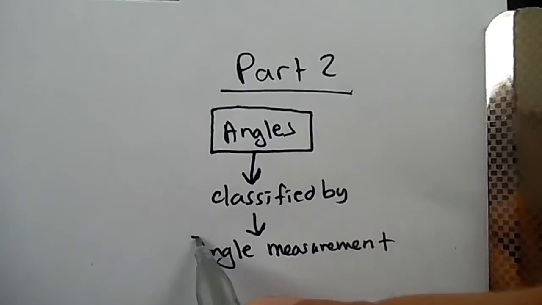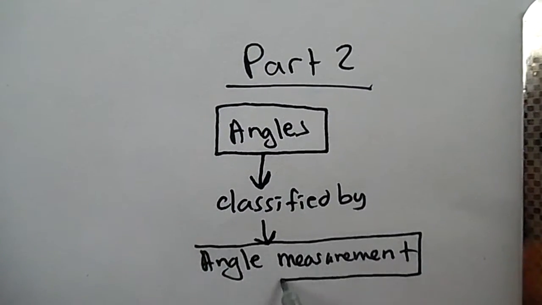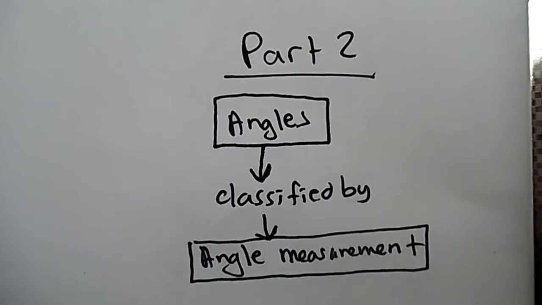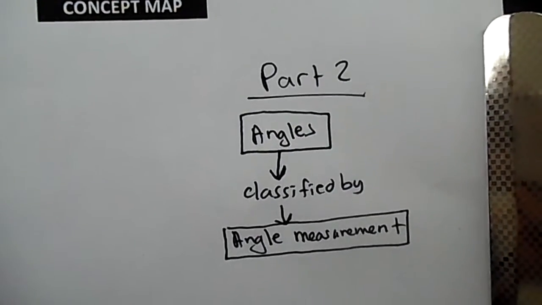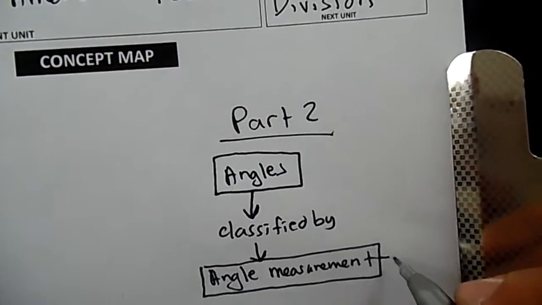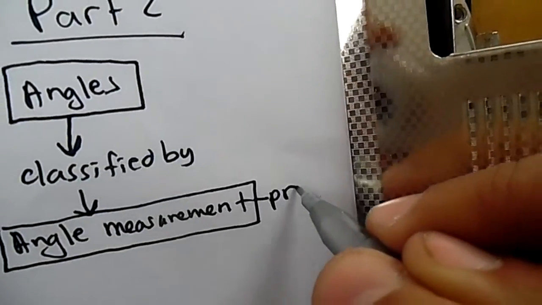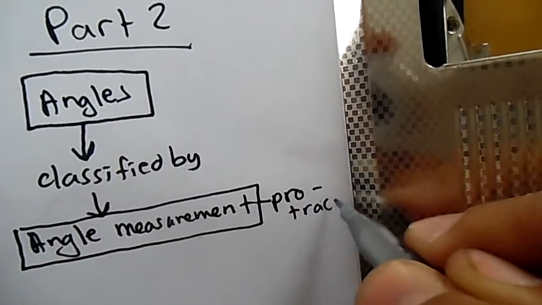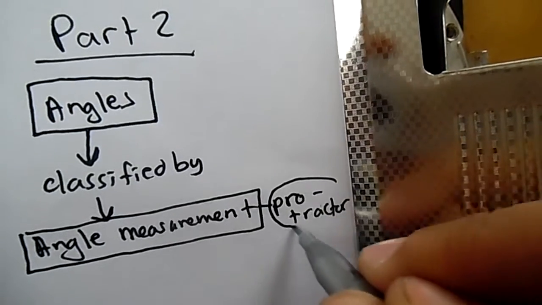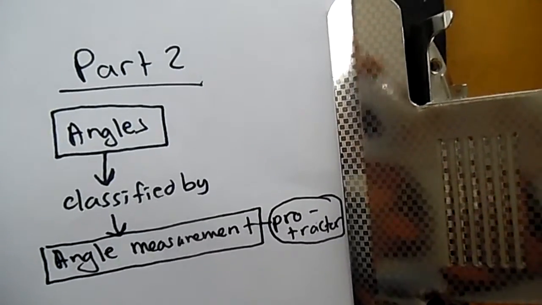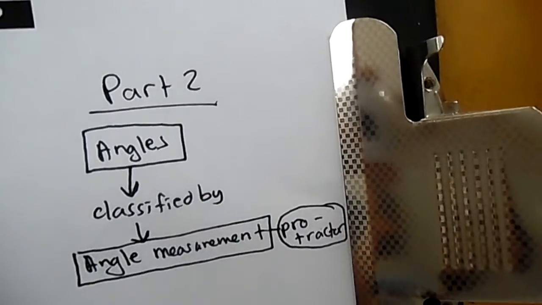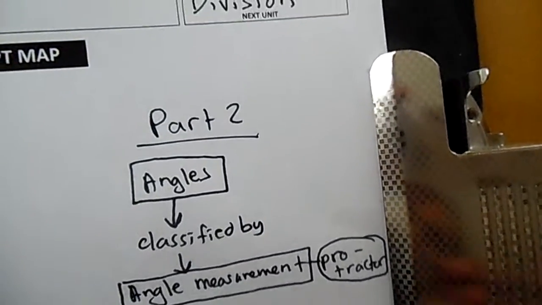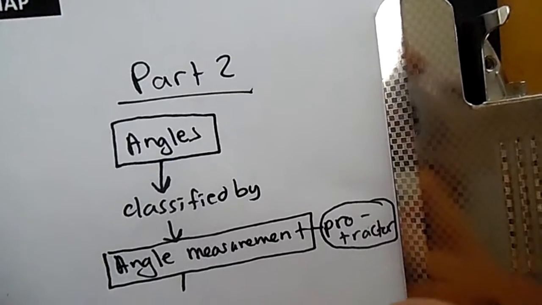Angle measurement. Good. How do we get measurement? We use a protractor. Good. So, we get the angle measurement and we can use it for two things.